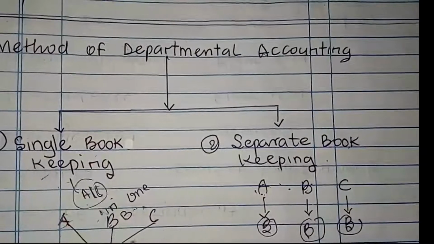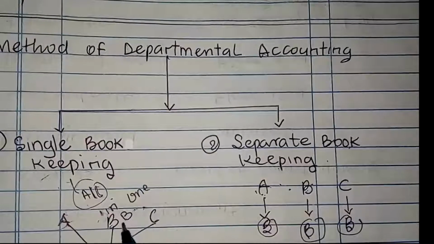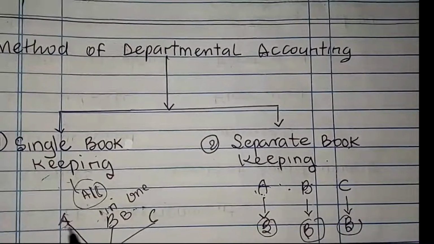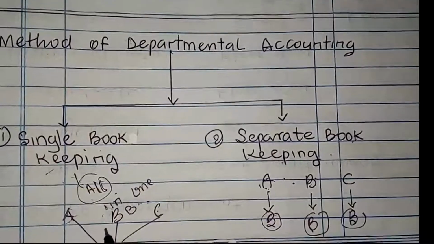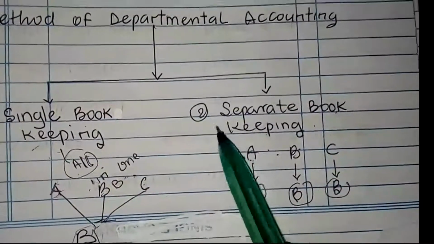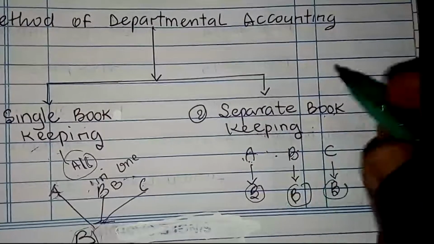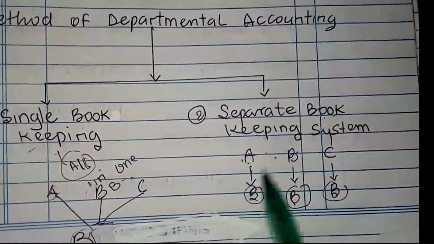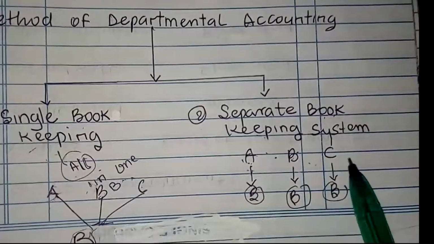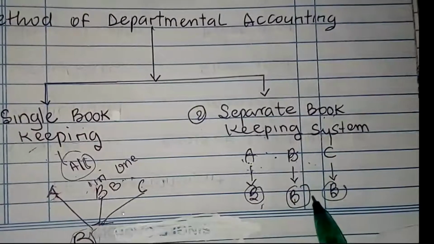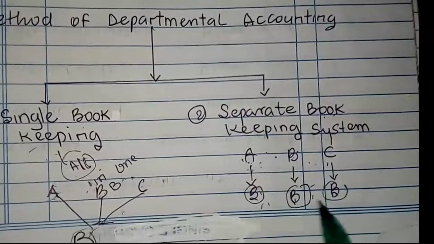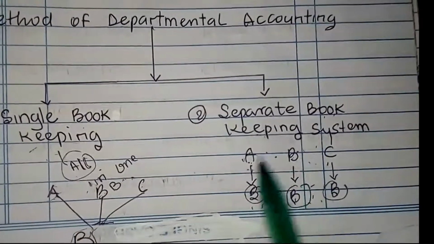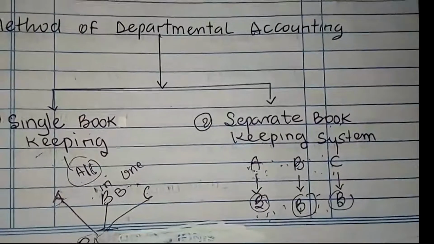But if you have department A and department B, and the annual rent is 500, and you share this 500 between A and B, that is apportionment of expenses. If you charge all this 500 to A only, without sharing, it is known as allocation of expenses.